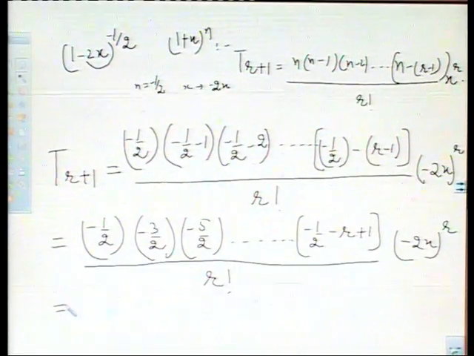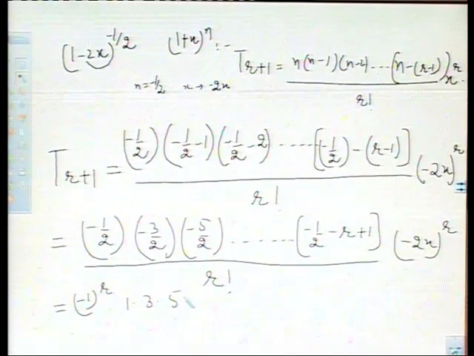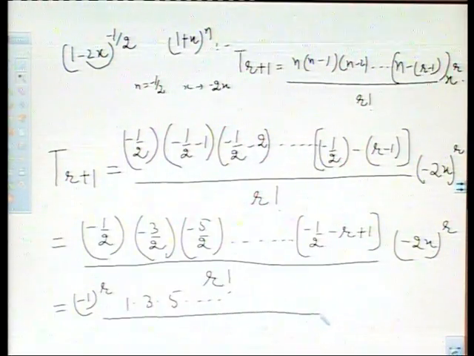Simplification is very long. Minus minus minus, it will go minus 1 to power r, because it will be r times, and 1, 3, 5 up to (2r minus 1), two raised to power r, 2 r times, and this is r factorial.